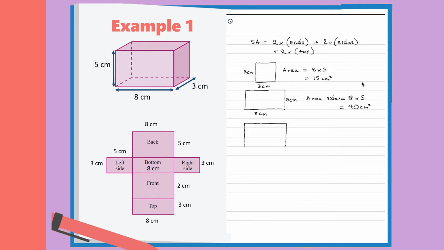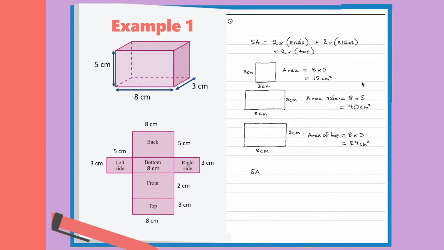We know that they are 8 centimeters long, and that they are 3 centimeters wide. So the area of the top is going to be equal to 8 times 3, which is equal to 24 centimeters squared. Okay, so now we've got all the components. We can put them into our rectangular prism formula.